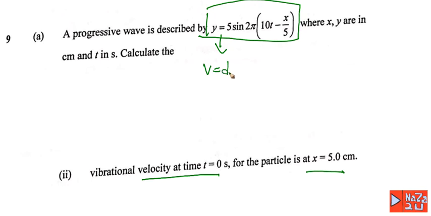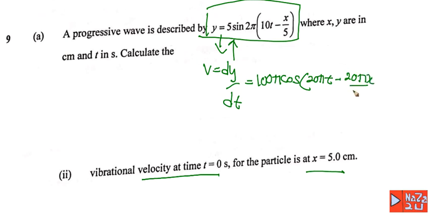The derivative gives 10 times 2π times 5, which is 100π, times cos(20πt − 20πx/5).